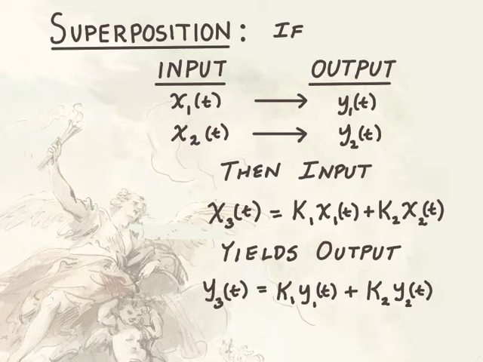It says that if input x1 produces output y1 and input x2 produces output y2, then if we make a new input by forming a linear combination of x1 and x2 as follows, x3 equals k1 times x1 plus k2 times x2, then the output in response to this input will be y3 equal to k1 times y1 plus k2 times y2.